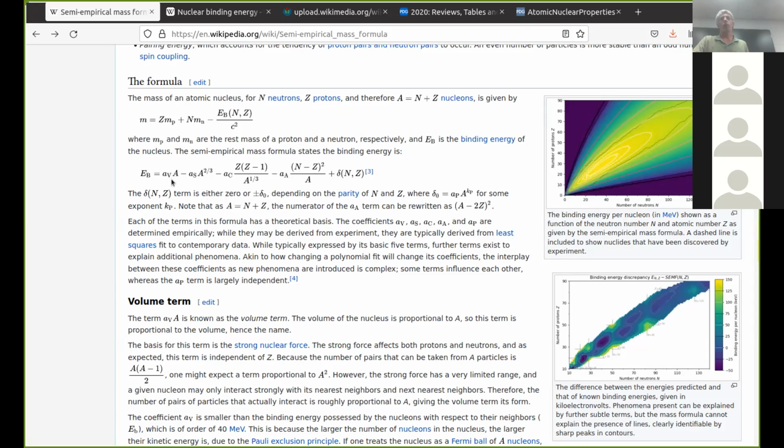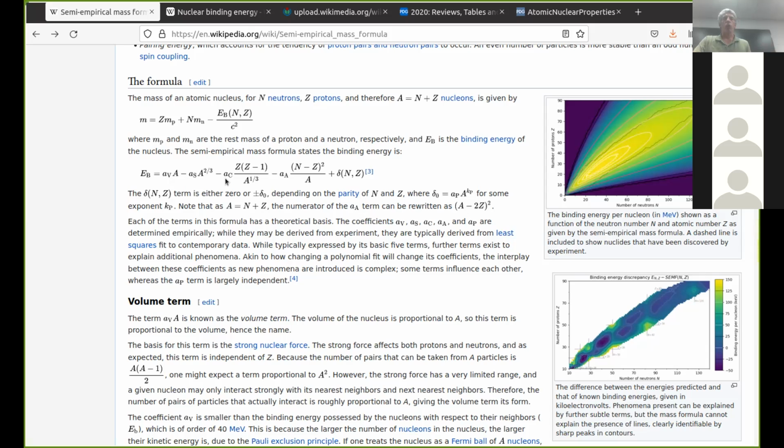If I have an object with a volume A, then the surface area is that volume to the power 2/3, right? Cubic meters, cube rooted, squared gives me square meters, right? And so each of those has then some coefficient I can determine from experiment, from data.